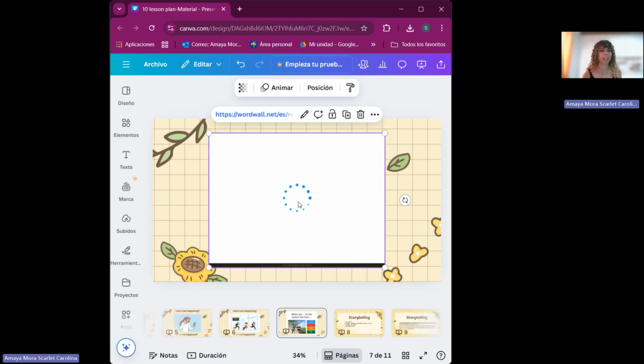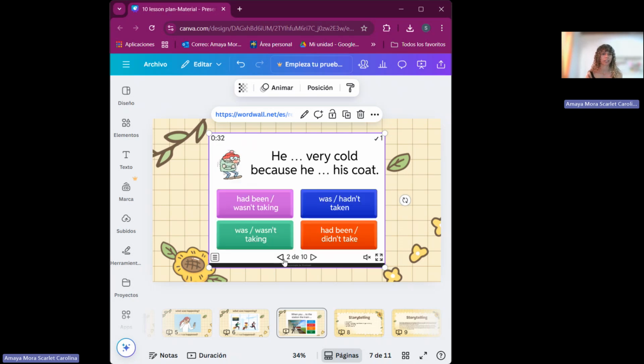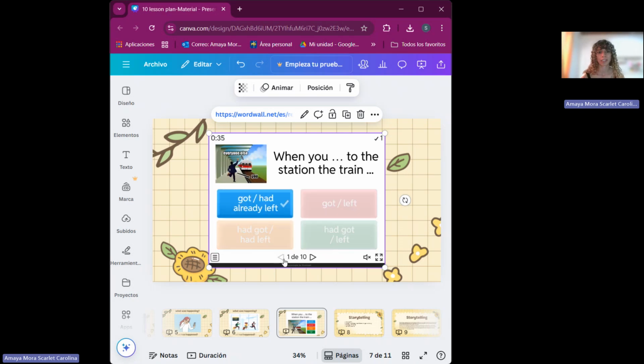We have other examples, but I want to show you this activity, this game, about the past simple, past continuous, and past perfect. I think it is important so you can get the topic. For example, when you got to the station, the train had already left.